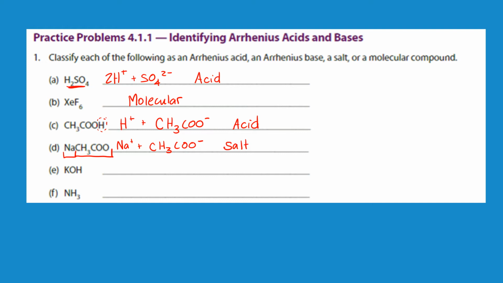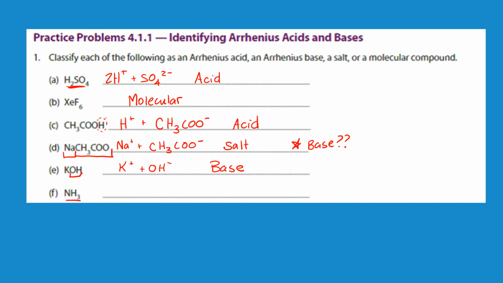Now, this one we're going to come back to in a few lessons, but it actually behaves as a base. If we did an experiment and tried to look at what the actual pH of this solution is, it's slightly basic. So we have nothing with the Arrhenius theory to really explain why. Next one here, we've got potassium ions and hydroxide ions, so this one is classified as a base.